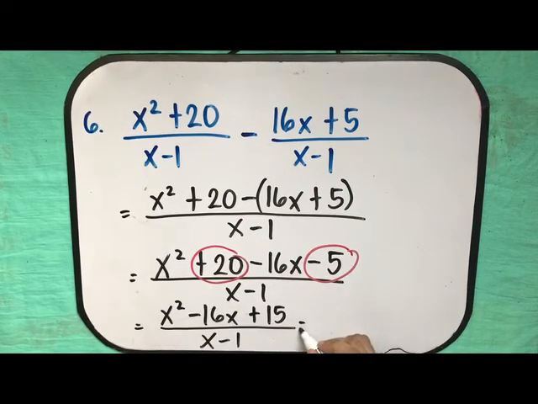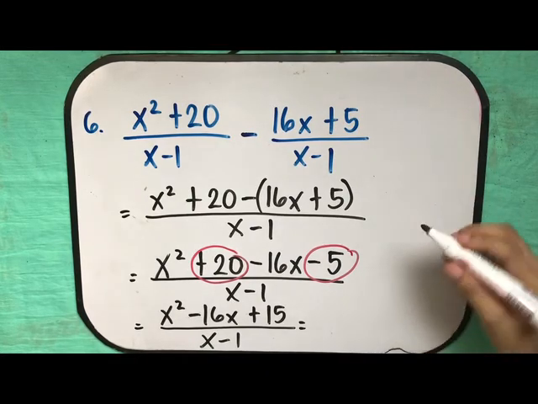Now, can we still simplify this? Yes, we can still simplify this numerator using general trinomial factoring. So we have to factor 15 first. And then the factors must have negative 16 as a result. Since this is positive and this one is negative, our factors must be two negative numbers. So let's see, what are the factors of 15?